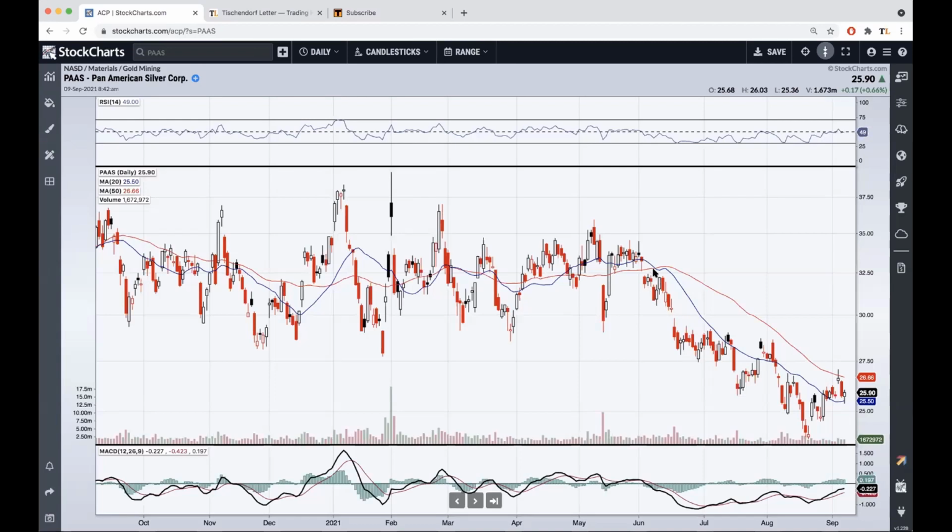It's now trading below the moving averages here. You can be bullish, but the chart tells me don't touch it, and that's what I do. I don't trade against the charts, so to speak.